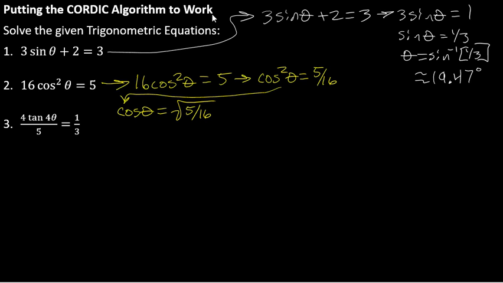5 over 16. And remember, we have a quotient law of radicals as well, right? So the nth root of a over b is the same thing as the nth root of a over the nth root of b. Okay, so I can rewrite this as square root of 5 over square root of 16, which of course is equal to square root of 5 over 4.